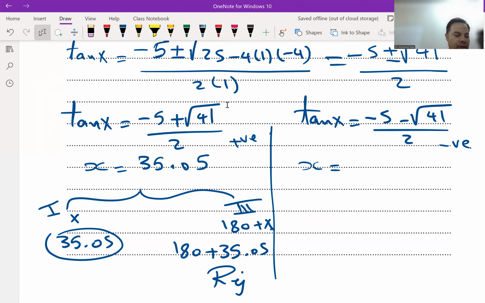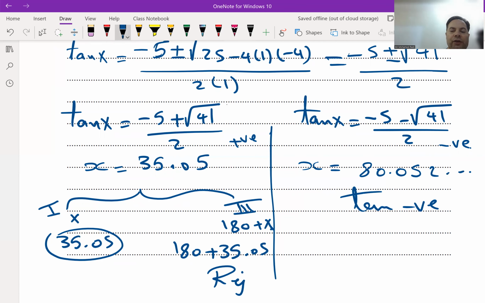Second part, for the negative value, use the principal angle: shift tan, and change the sign of the value to positive, so 5 plus the square root of 41, divided by 2. So the principal angle is 80.052. But tan is given as negative. In which quadrants is tan negative?